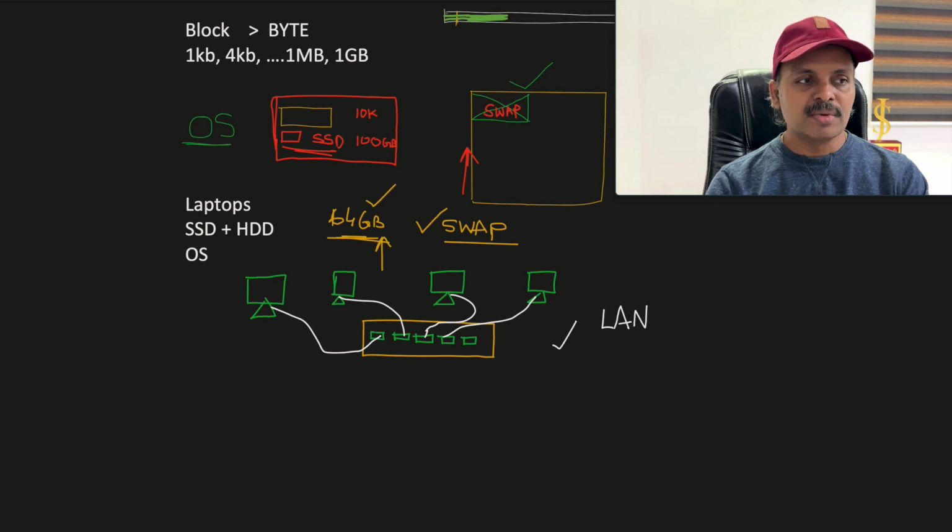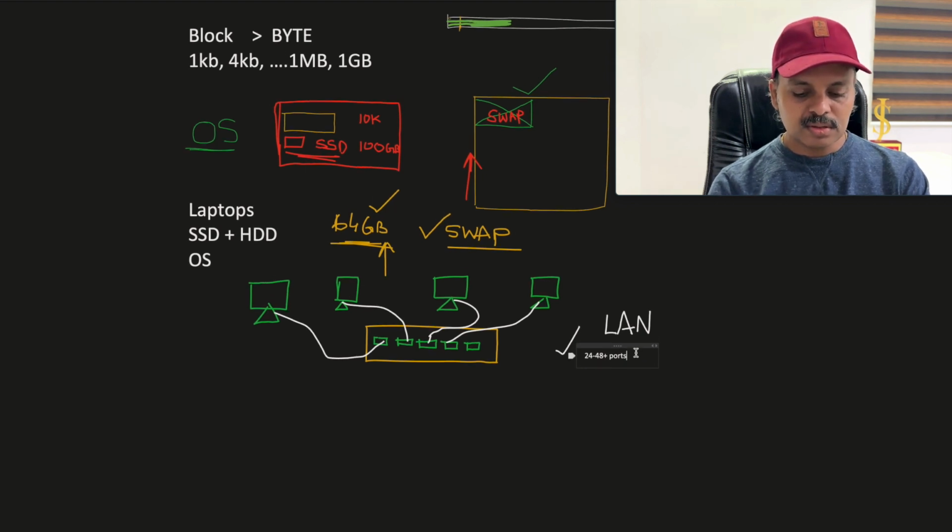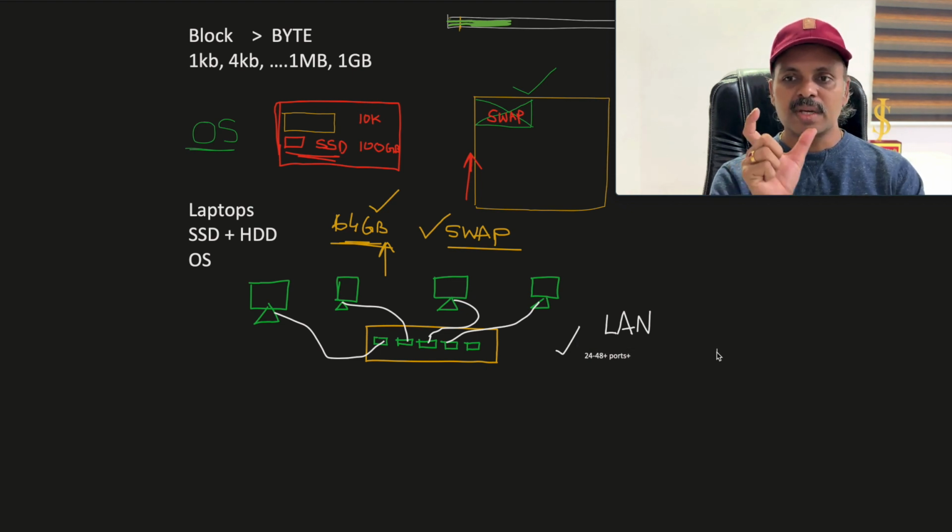Each switch may have somewhere between 24 to 48 or even a bigger number of ports. Many switches may be connected together so that they form a bigger network. But at the end of the day, if the switches are connected together, that makes a single network.